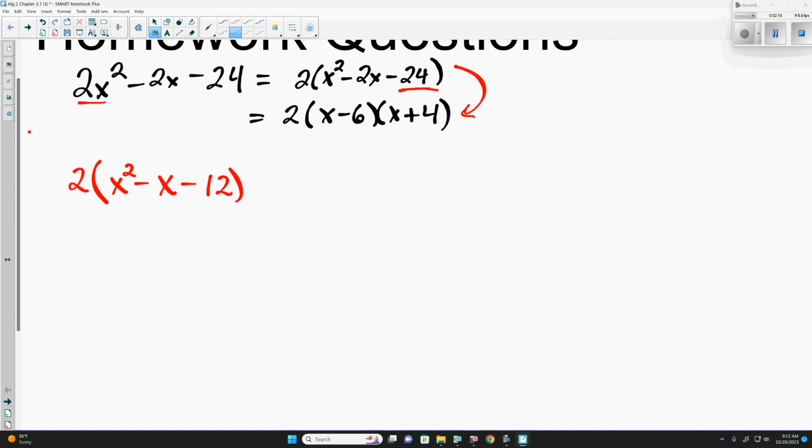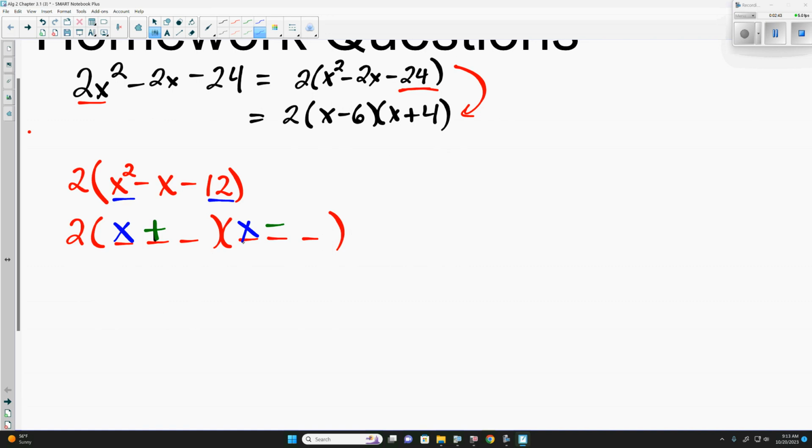Now, at this point we've taken out the greatest common factor. So we'll have 2 sets of parentheses with 3 spaces. Now we find the sign. Since the third term is negative, our signs are opposite. One is going to be positive, one negative. Now we find the factors of the first and third term. x squared will be x and x.